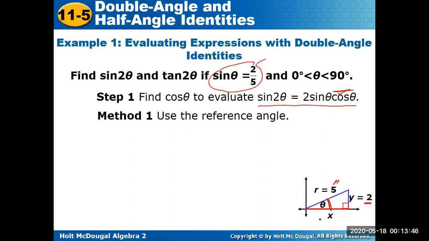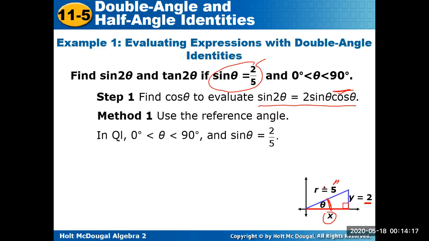Then you can use the Pythagorean theorem to get the value for the adjacent. For the right triangle we have the opposite side, adjacent side, and hypotenuse, and that's how we get the trigonometric ratios.